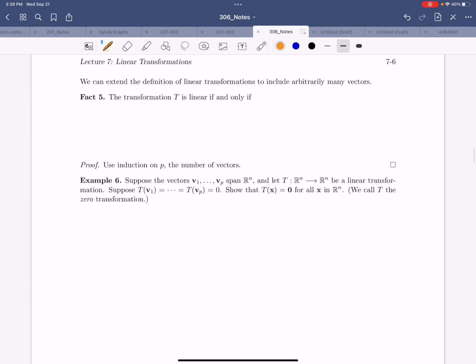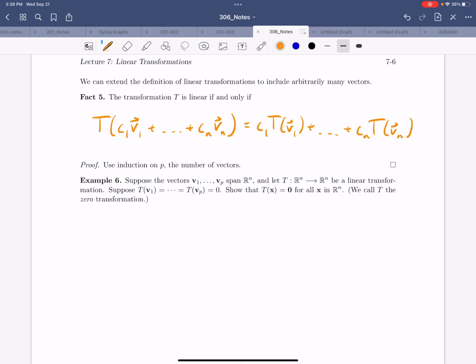Really quickly, just in general, the transformation T is linear if and only if we can extend this to arbitrarily many vectors. If T of, let's say, c1 v1 plus c2 v2, etc., plus cn vn equals c1 T of v1 plus blah, blah, blah, plus cn T of vn.